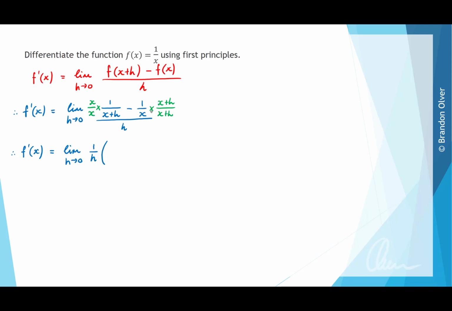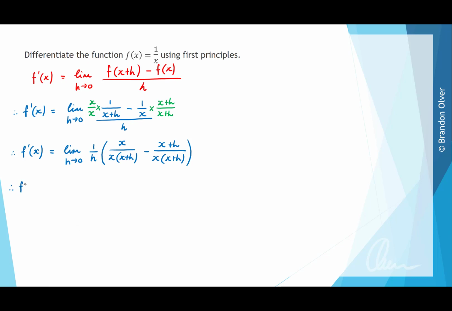And then our top line, or our numerator, is going to be x/x times 1/(x+h), which will give x/(x+h), minus (x+h) over x(x+h), when you do the multiplication of that second fraction.